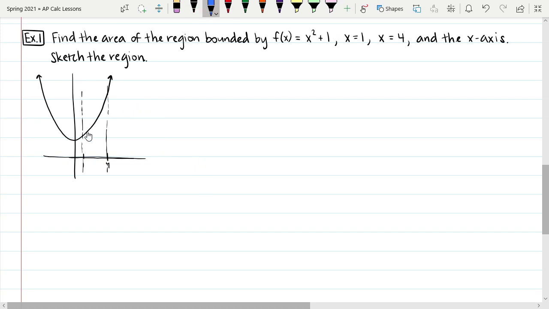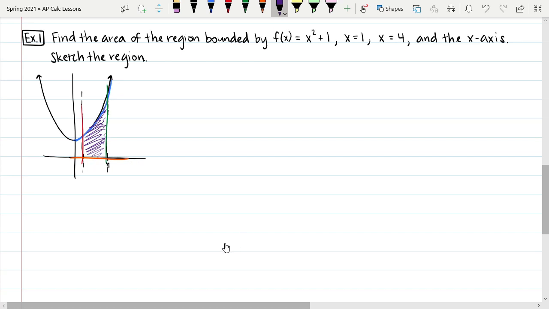So it has to be enclosed by this curve, by this line, by this line, and by the x-axis. So the region, hopefully, is jumping out at you as this region here. So that's the region whose area we're finding.